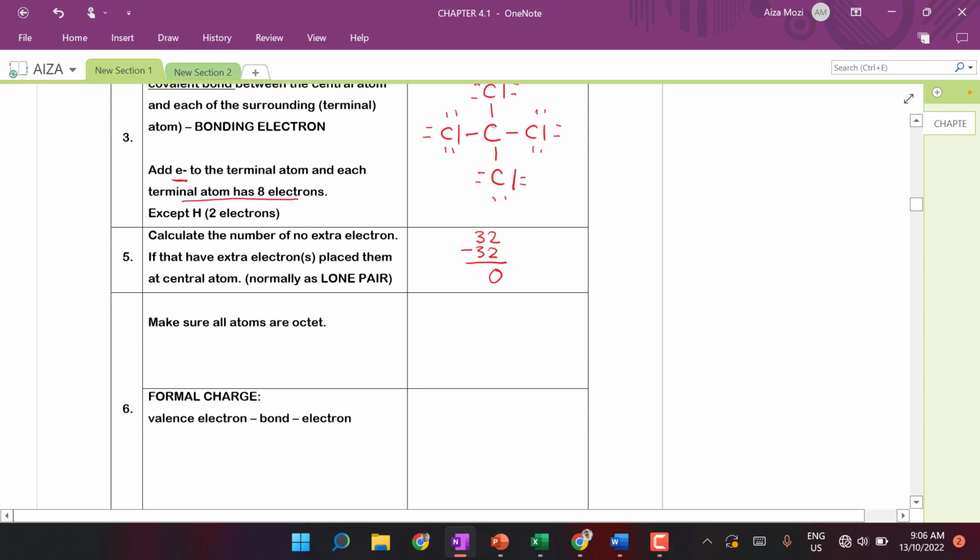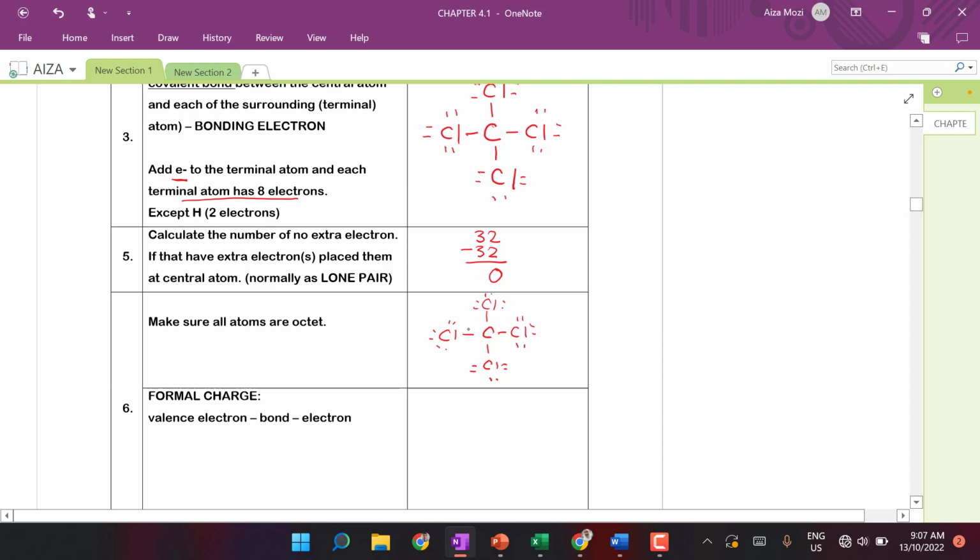Okay. So last, make sure all atoms in the molecule are octet. Carbon is octet because there are 4 bonds, so 8 electrons. So chlorine has 3 lone pairs, 6 electrons, plus 1 bonding pair, 2 electrons.